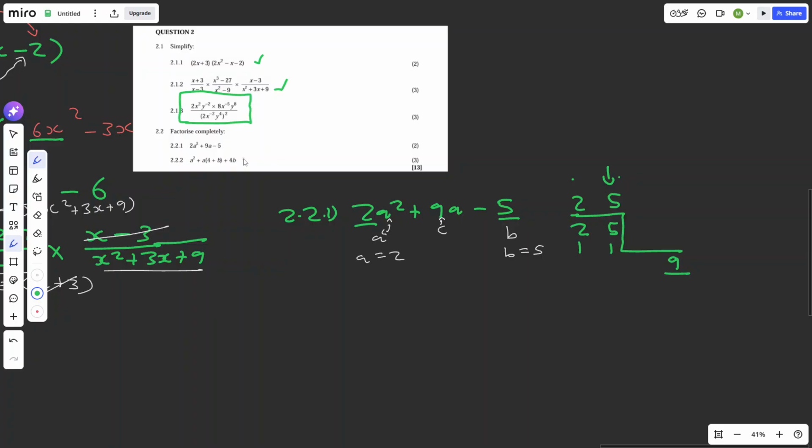So if we cross multiply, 2 times 1 is 2. 1 times 5 is 5. Okay. So the approach I'm taking here is to cross multiply and then assign positive or negative to these terms here, 5 and 2. Add them up and then hopefully get a 9.